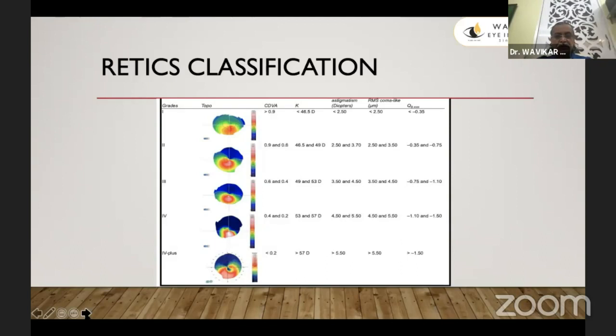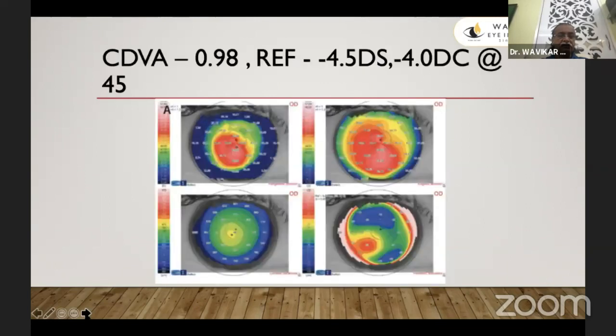So besides topo, it also considers the best corrected visual acuity, the K readings, astigmatism in diopters, of course, and the higher order aberrations in RMS, in microns, and the Q value. So with all this, we are able to fairly understand how good the quality of the vision of the patient is. And as you go from grade 1 to grade 4 plus, the quality of the vision deteriorates.